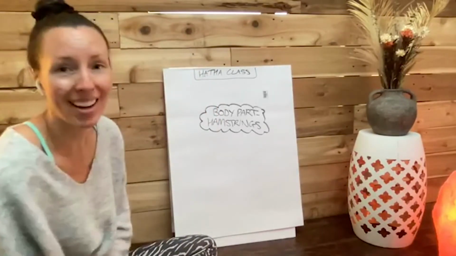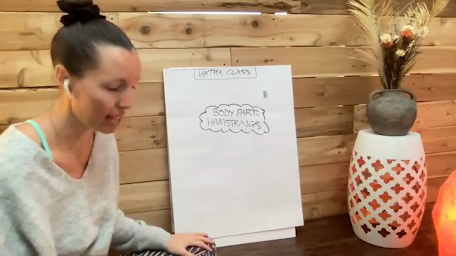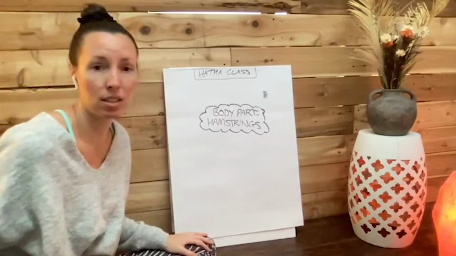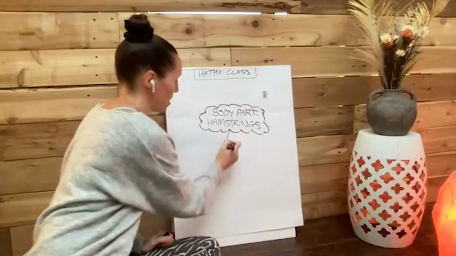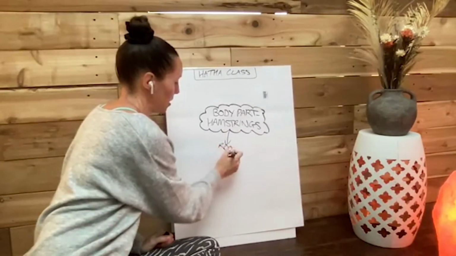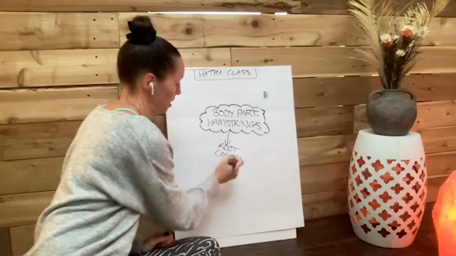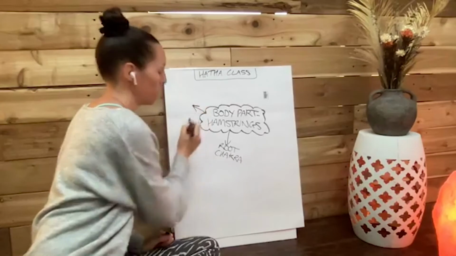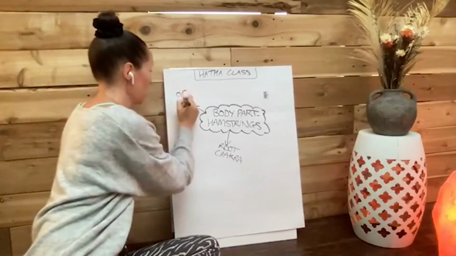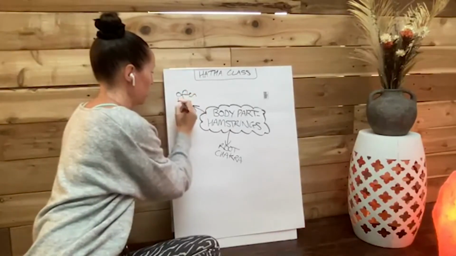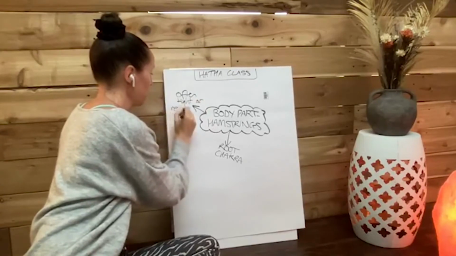Okay, so body parts, the hamstrings. So thinking of things that come to mind for this, the hamstrings are connected to the root chakra. So root chakra is definitely going to be in this class. When we think about the hamstrings, it's often a tight or resistant area of the body.